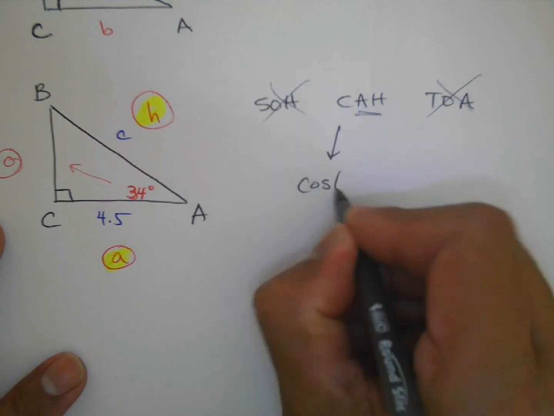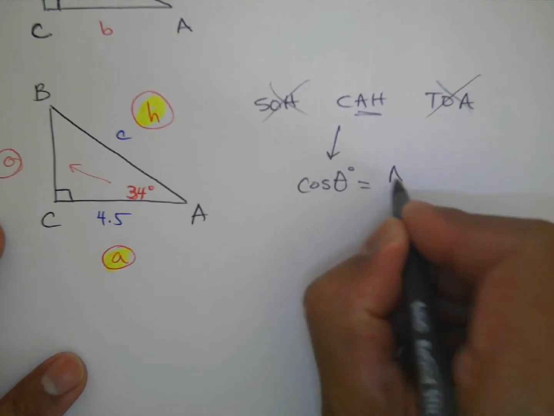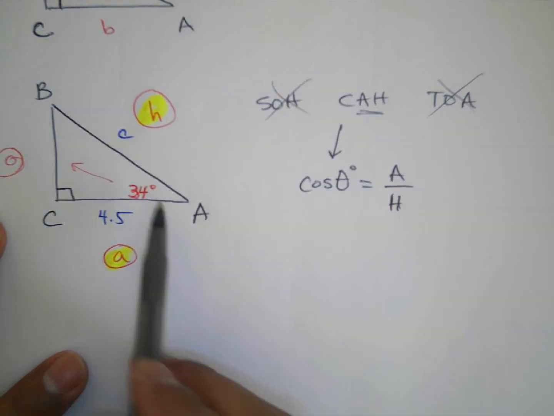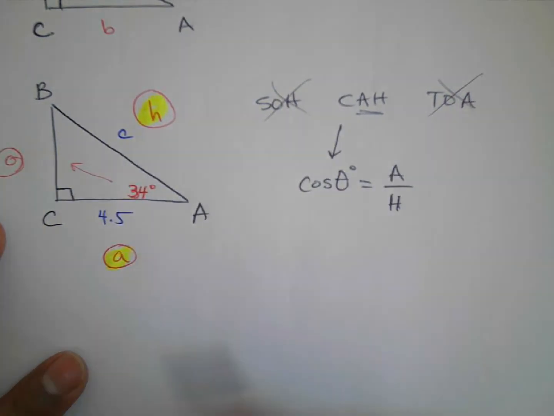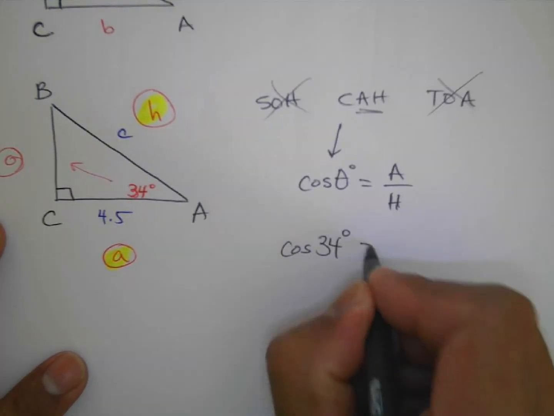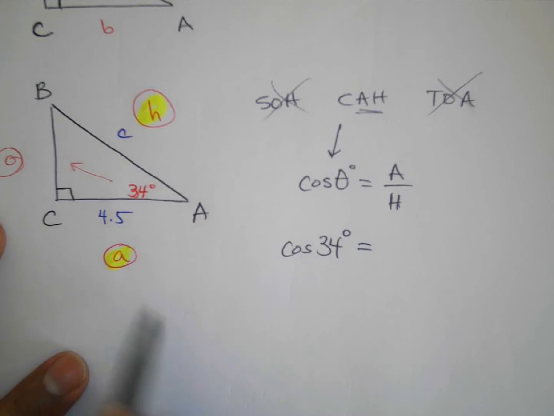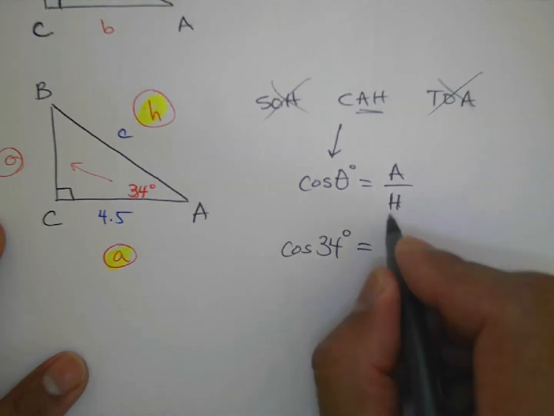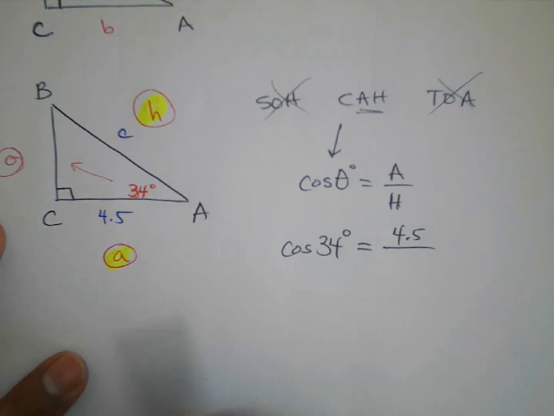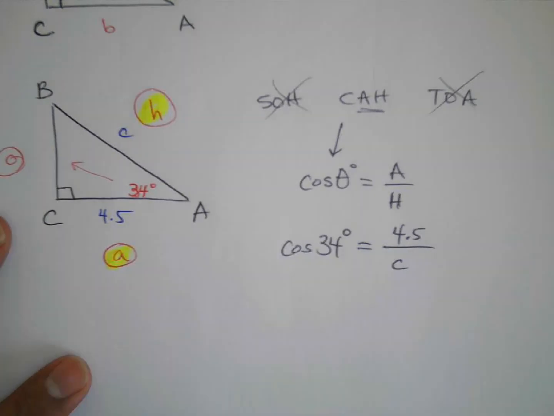C stands for cosine. Cosine is equal to A over H. And I have an angle, I have an A, and I have an H. So that's going to be cosine of 34 degrees is equal to A, 4.5, over H, which is C. There's how you set it up.